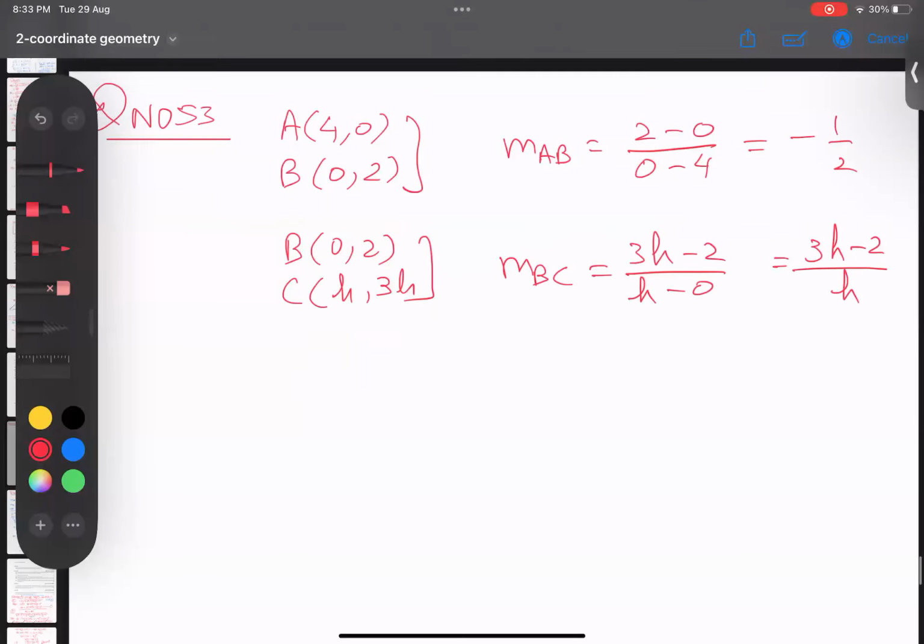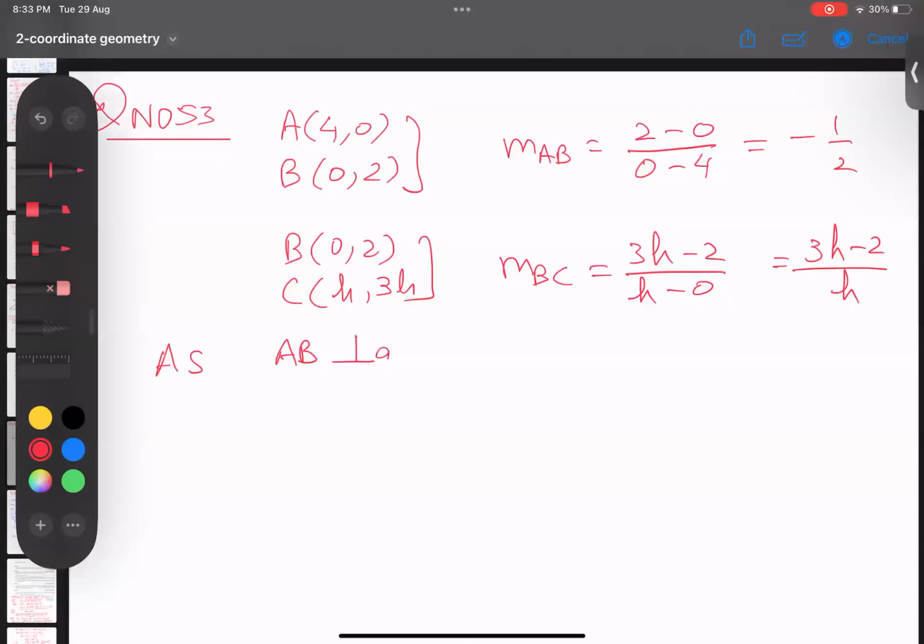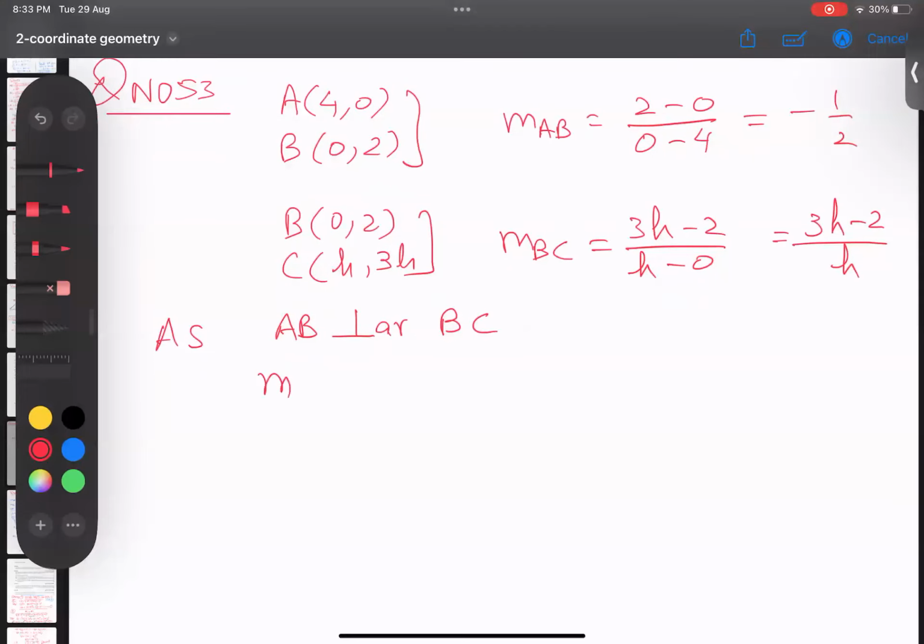As AB is perpendicular to BC, the gradient of AB times the gradient of BC equals -1. I can use this connection: negative half times (3h minus 2) over h.